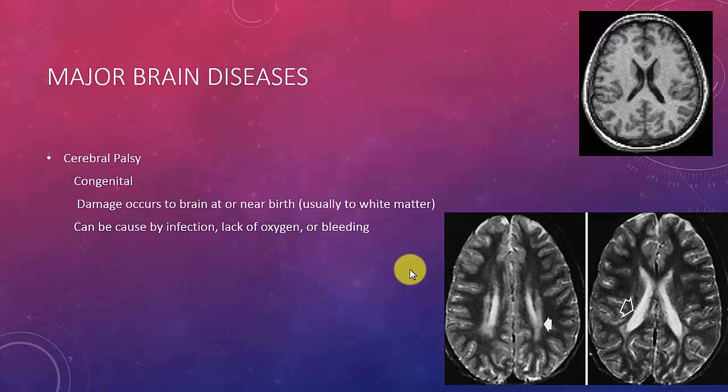Okay? And cerebral palsy is actually an umbrella term that refers to a group of disorders affecting a person's ability to move. Cerebral palsy affects people in different ways, and it can affect body movement, your muscle control, your muscle coordination, your muscle tone, reflexes, posture, and balance.